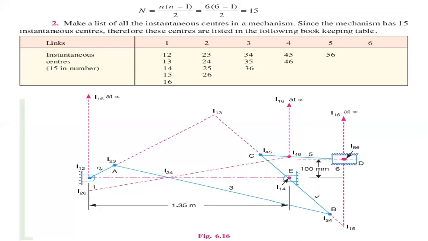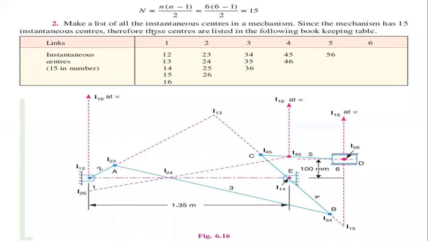In total, 15 instantaneous centers have been produced. So we need to locate all these 15 instantaneous centers.